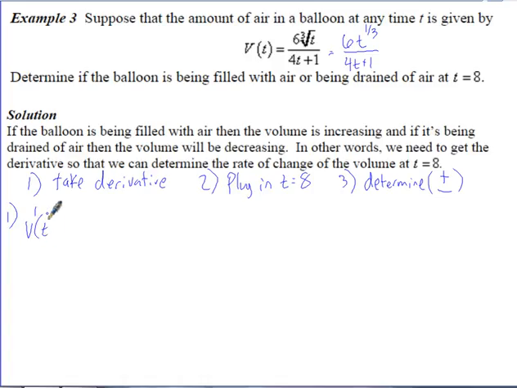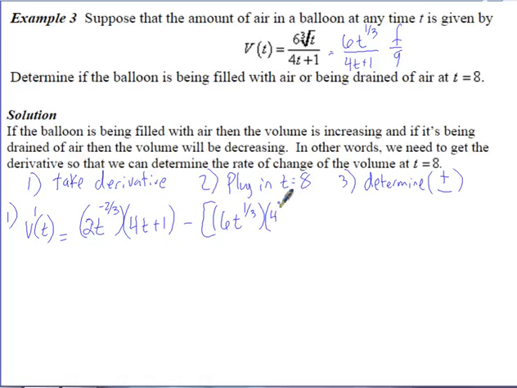So v prime of t. So what do you got? 2t to the negative 2/3 times, because I have to use my quotient rule, right? 4t plus 1 minus 6t to the 1/3 times 4.